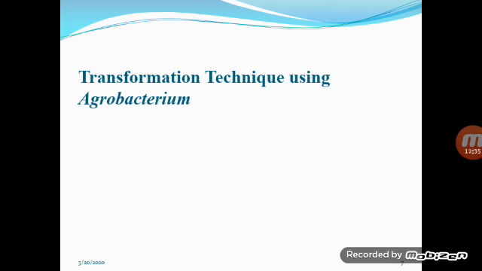Next is a transformation technique using Agrobacterium. Some requirements for integration of foreign gene and production of transgenic plants are as follows.